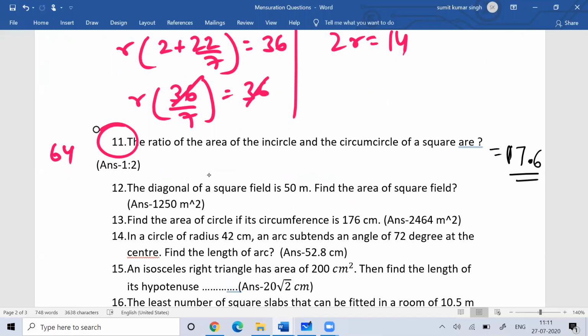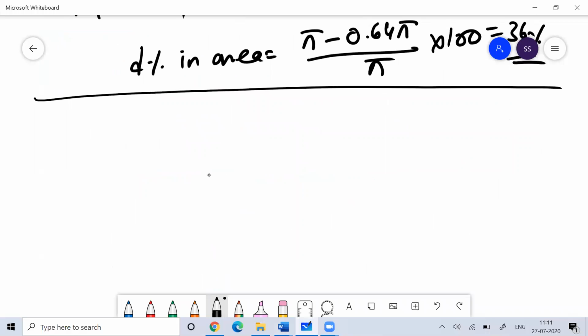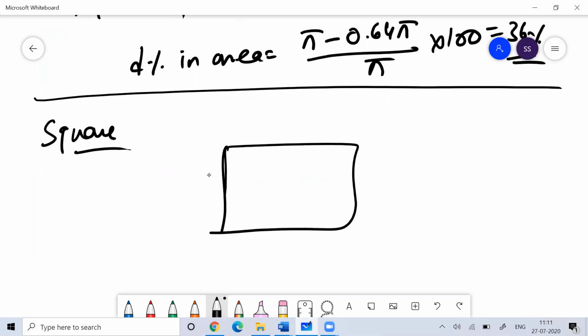Okay. Then the ratio of the area of the incircle and circumcircle of a square. This is a good question. Suppose this is a square and this is a circumcircle.